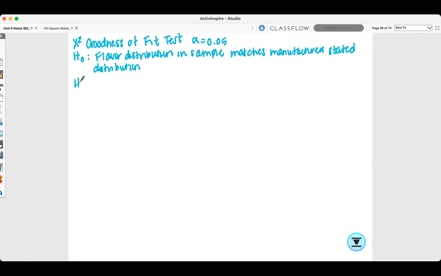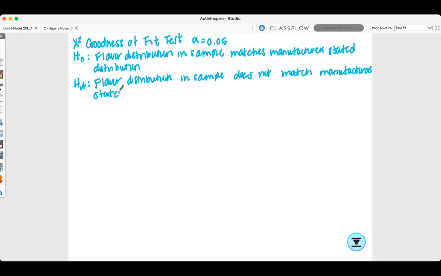Our alternative hypothesis would be flavor preference distribution in sample does not match manufacturer's stated distribution. And our conditions, it does say it's a random sample of 50 skiers.